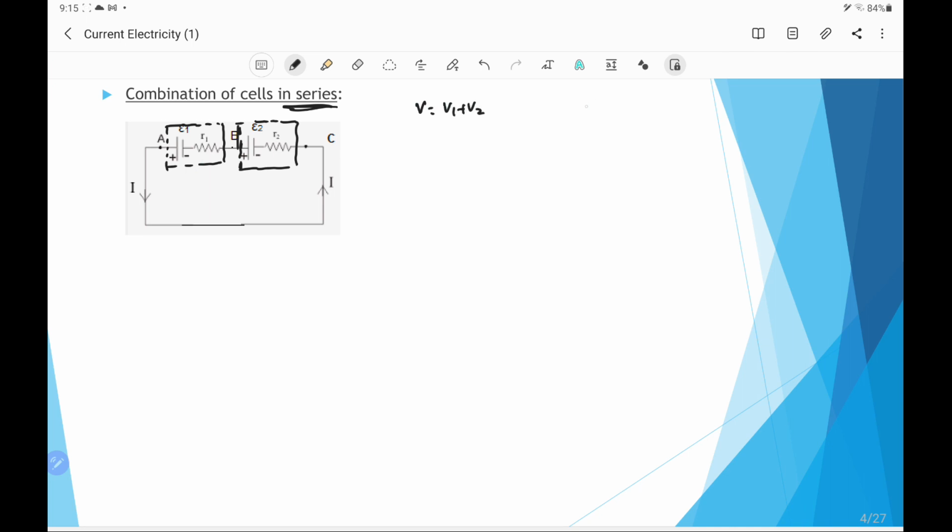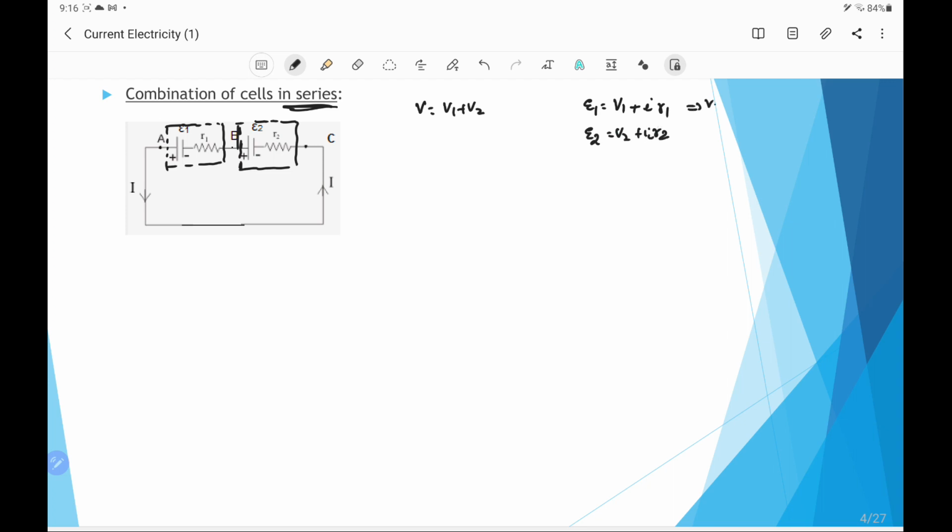We know for the first cell E1 will be equal to V1 plus I R1, because the current is the same in both cells, being in series. Similarly for the second cell, E2 will be V2 plus I R2.